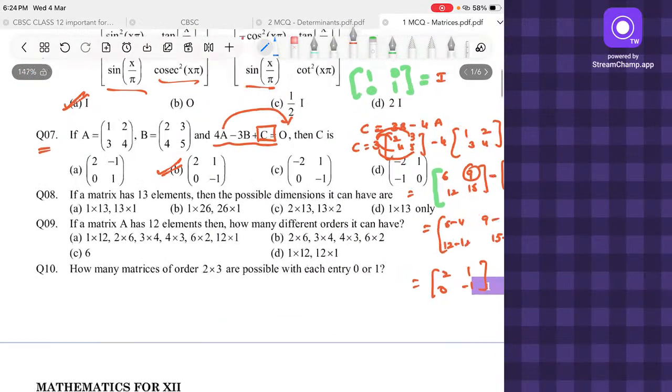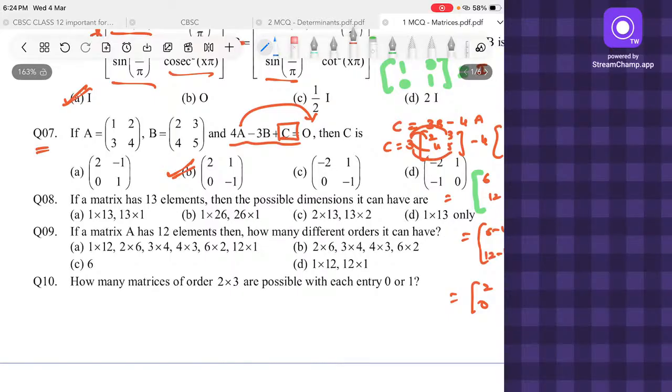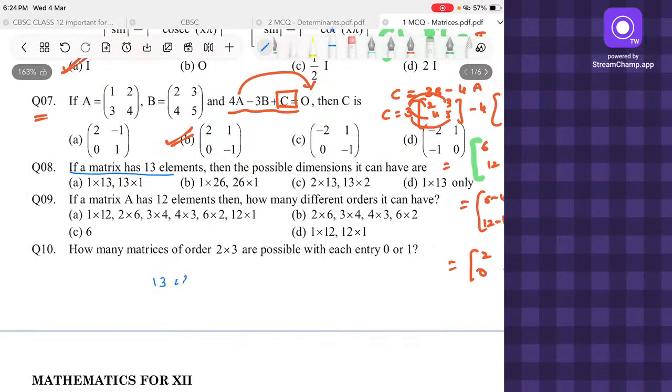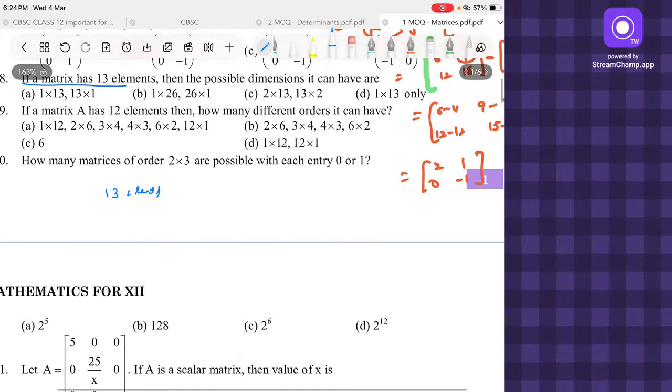Okay, next 8th question is, if the matrix has 13 elements, then what are the possible dimensions it can have. I will give one simple example. If you consider a 2 by 2 matrix, how many positions does it have? 4 positions, 4 elements, right? These are 4 elements we can fill.